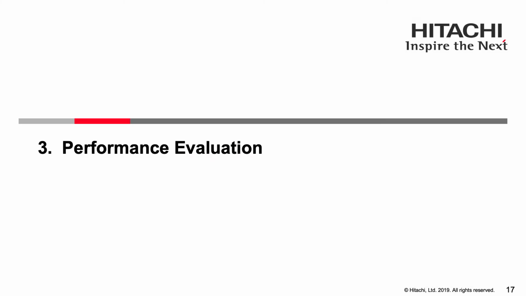From here, I will share the data of my initial performance evaluation. I created a simple system to evaluate the performance. I used two Xeon processor servers connected by a single 10 gig NIC cable.